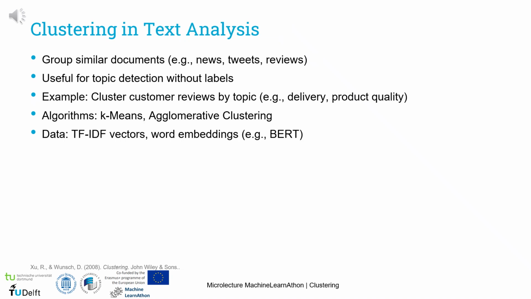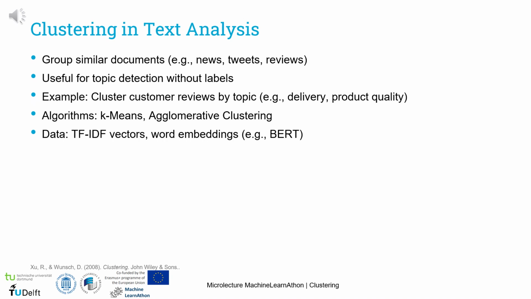The last example we will talk about in detail is clustering in text analysis. Here it's used to group similar documents, for example, news information, tweets, or reviews. Especially in times before ChatGPT, it was very useful to detect certain groups of topics.